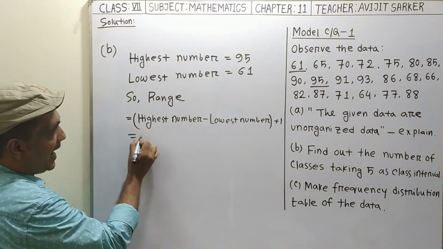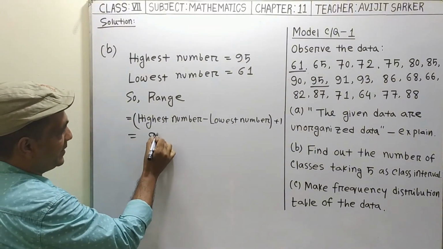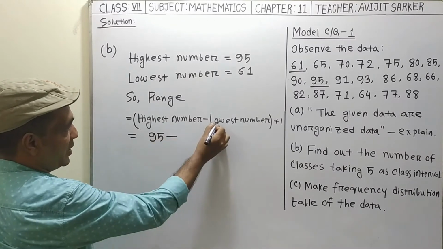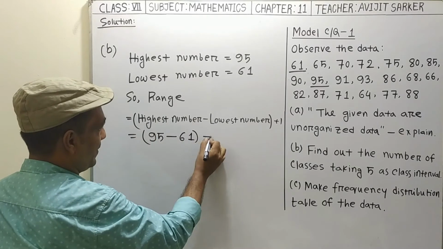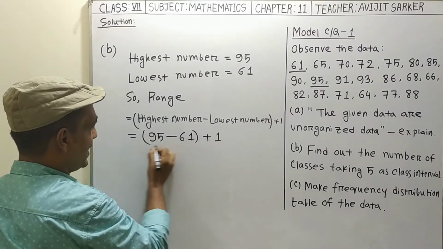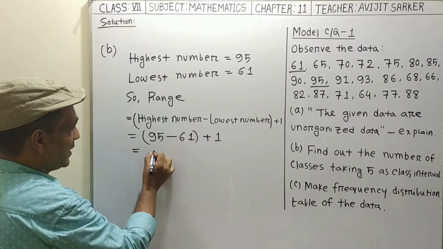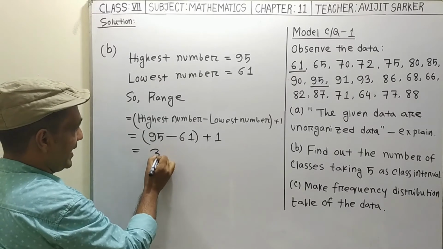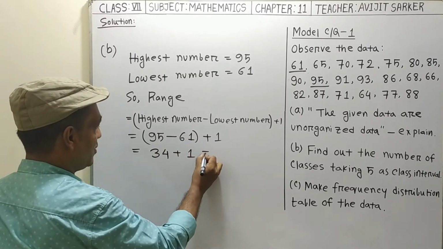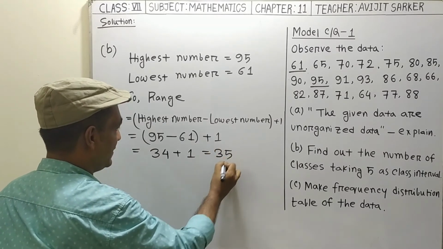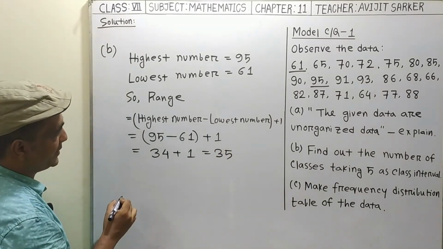Here, highest number 95 minus lowest number 61, bracket, plus 1, equals 34 plus 1 equals 35. This is the range of the data.